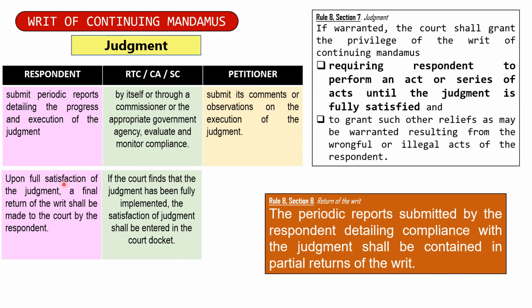So if there is a full satisfaction of the judgment, the duty or the responsibility of the respondent is to make a final return of the writ to be submitted to the court. How about the court? What is its responsibility? If there is now a full satisfaction, then the satisfaction of the judgment shall be entered in the court docket.